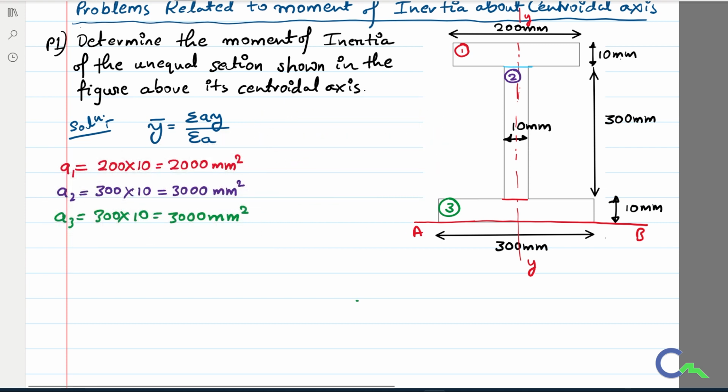So for the first figure, I will call the centroid of the first figure somewhere here. From the reference axis, this is the y1 distance.